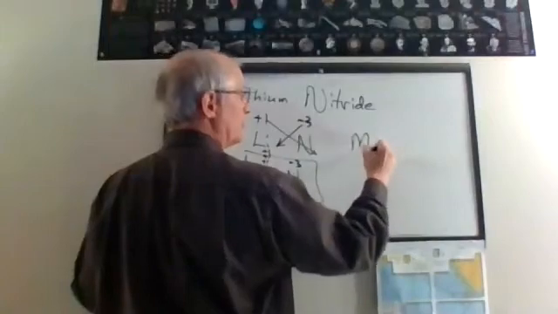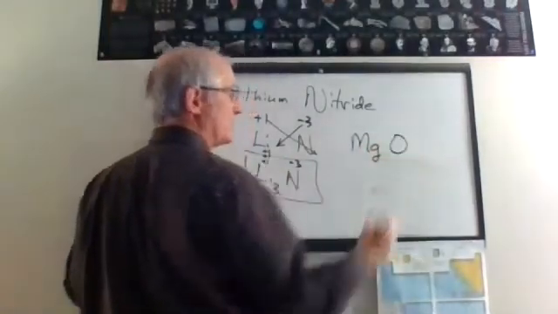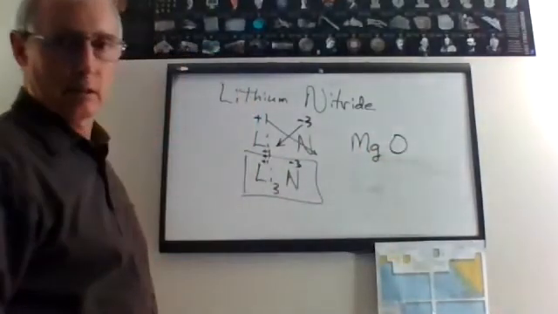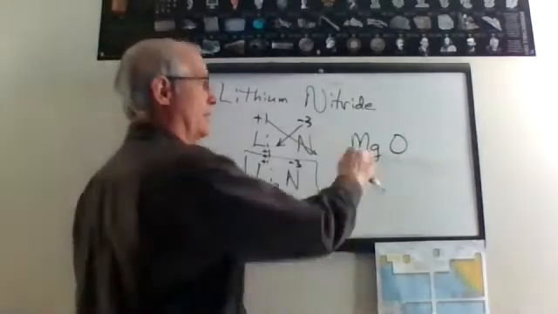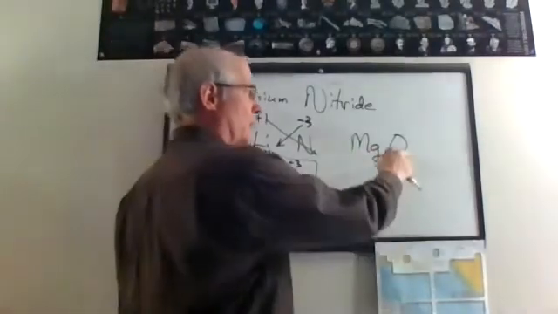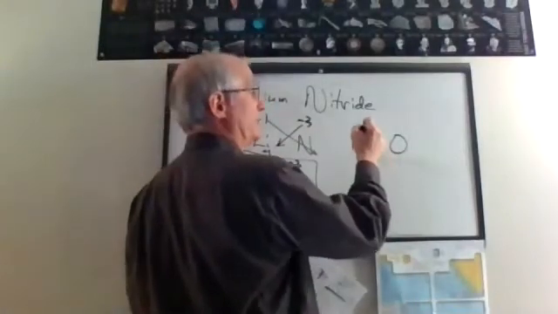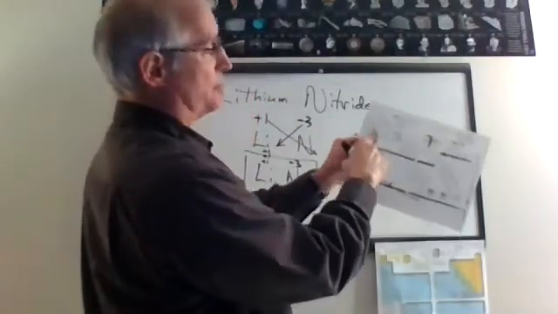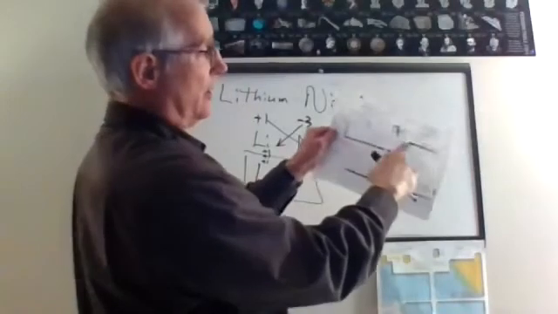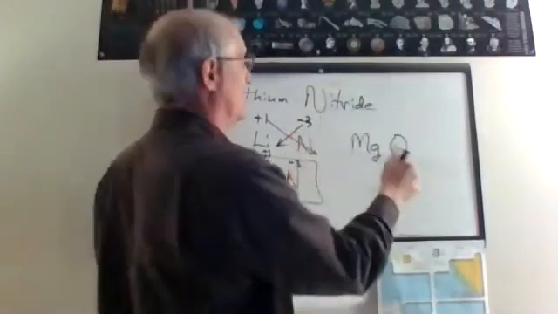I want the formula for magnesium oxide. Magnesium oxide is Mg for magnesium, O for oxygen. Magnesium on this table is +2, and oxygen is -2.